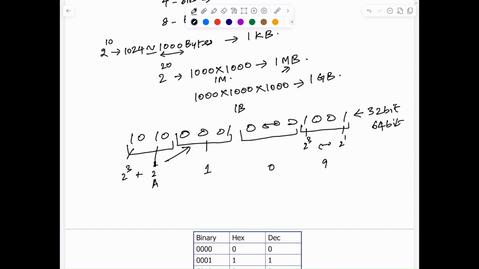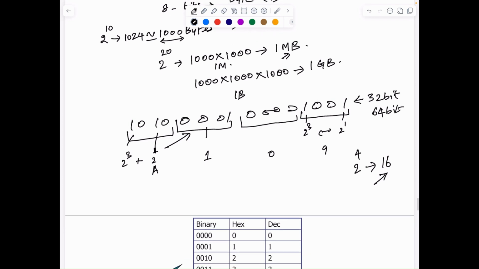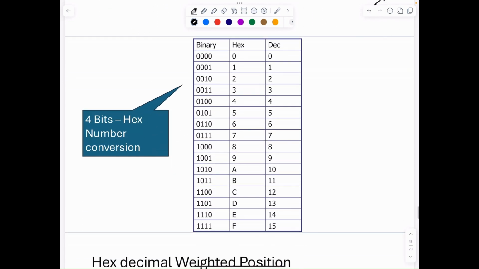In this case, this is 0. In this case, we have 1. And then in this case, we have 2 power 3 and then 2 power 1, which is 8 plus 2, 8 plus 2 is 10. In hexadecimal, we call it A.